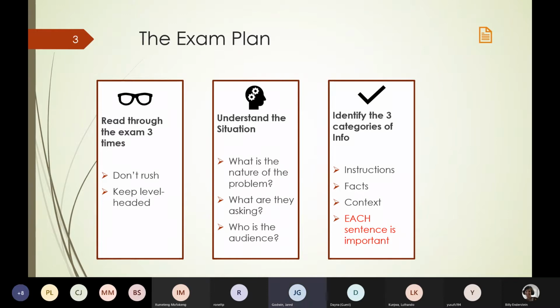The facts part is, I sometimes call it the meat, but it's the content that you need to answer the instructions. And the examiners always give you what you need to answer the instructions.